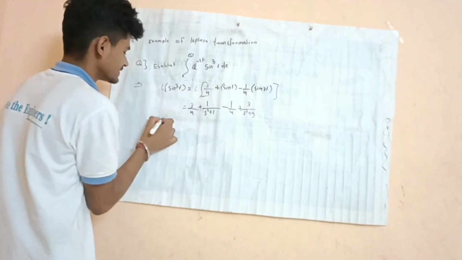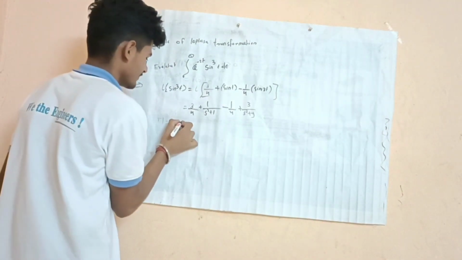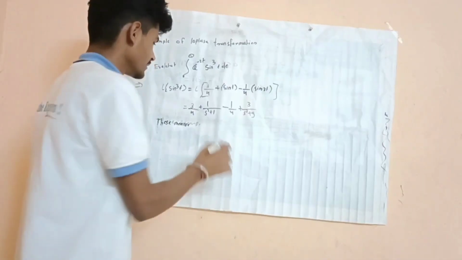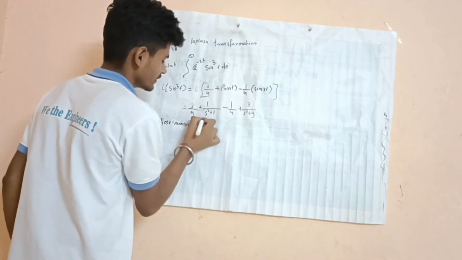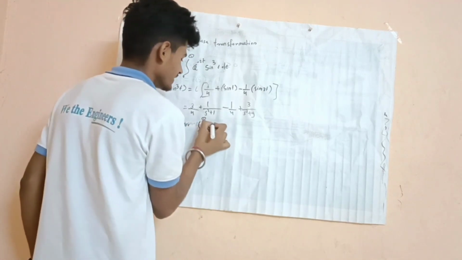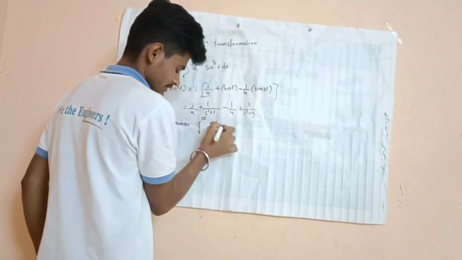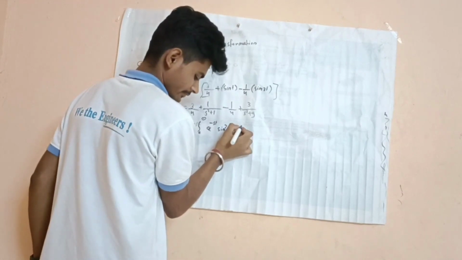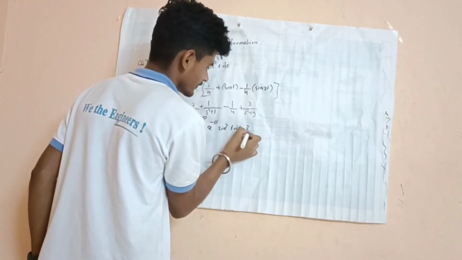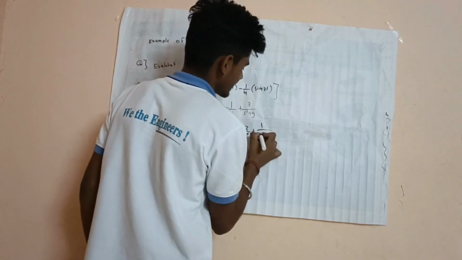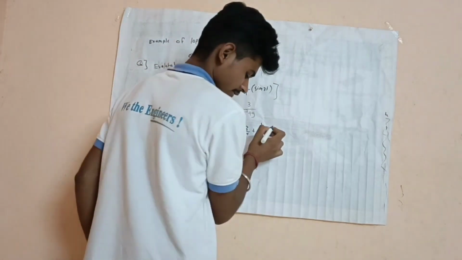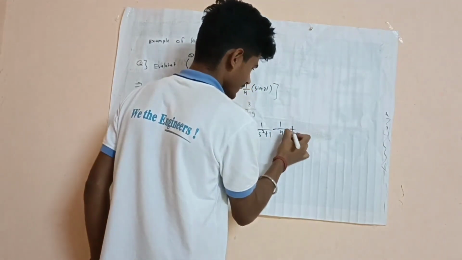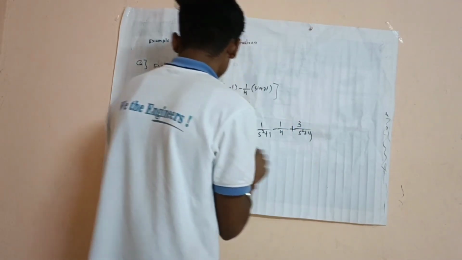So this means the integration from 0 to infinity of e raised to minus st sin cube t dt is equal to 3 by 4 into 1 by s square plus 1 minus 1 by 4 into 3 by s square plus 9.